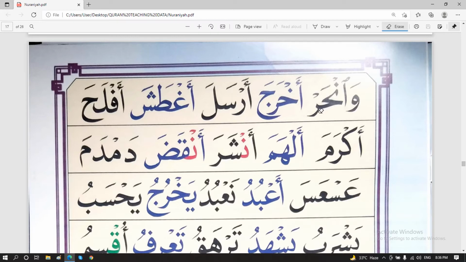One har. Hamza kha fatha akh, ra fatha ra, jim fatha ja, akhraja. Hamza ra fatha ar, sin fatha sa, lam fatha la, arsala. Hamza ghain fatha agh, we have a sukoon sign, right?